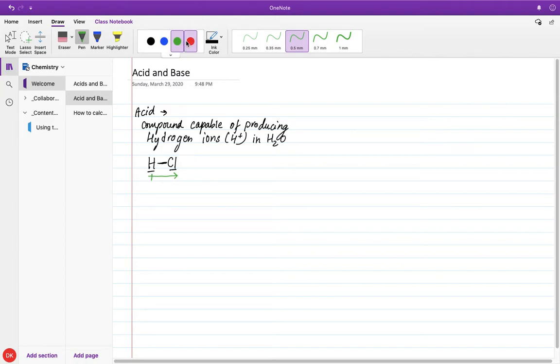What that does is create partial charges on each end because of unequal distribution of electrons. So on this side you see less density of electrons, and on this side we see higher density of electrons.